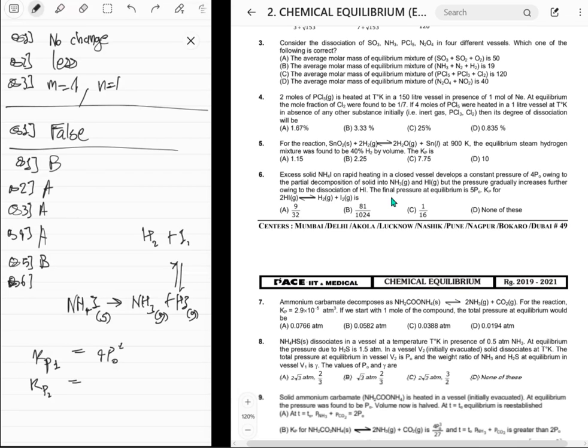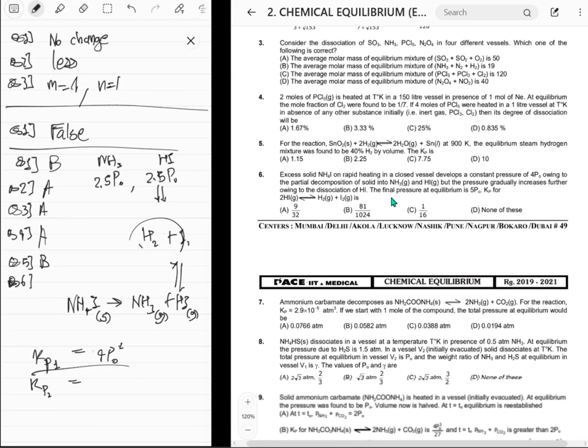So now this will be 2.5 P naught and 2.5 P naught of NH3 and HI, and this thing will dissociate into this thing, right? The final pressure at equilibrium is 5 P naught. Kp for this is, all right, so this should also be there. You can figure out what HI is from this equation.